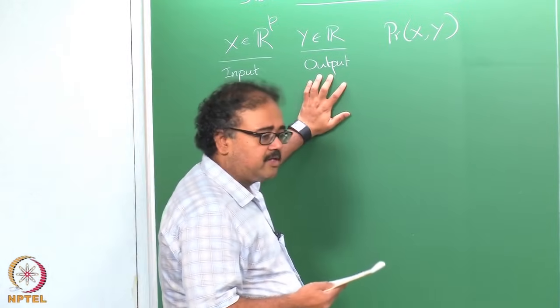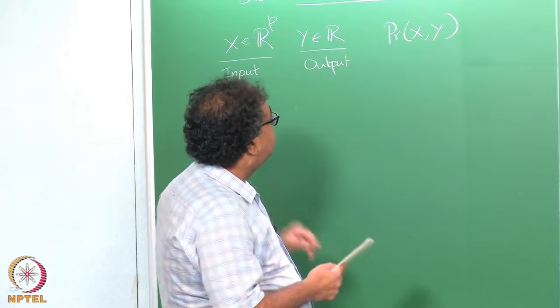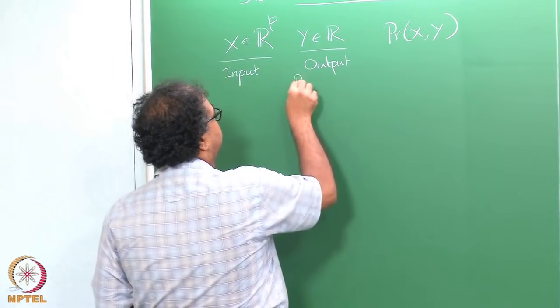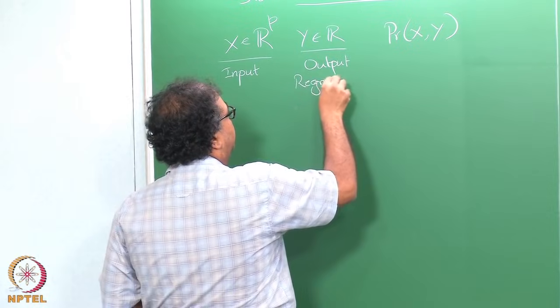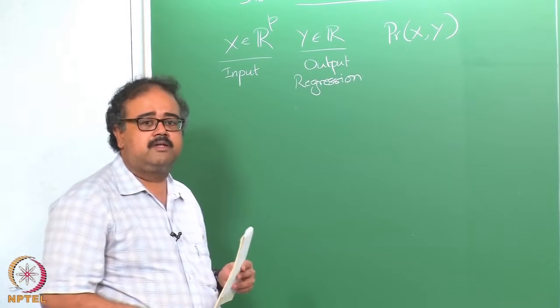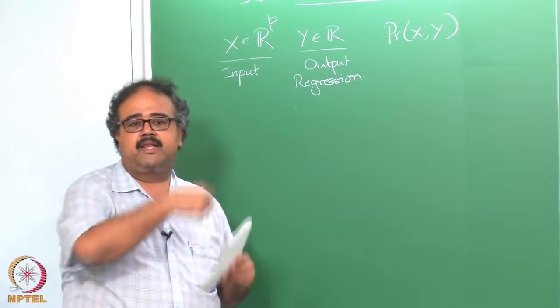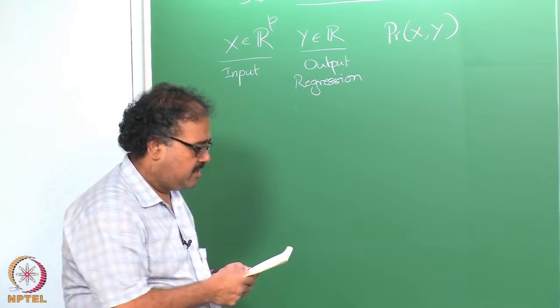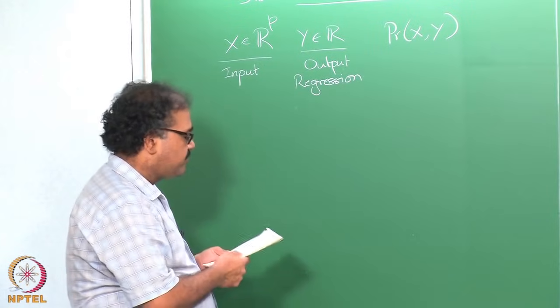And the output, at least in the initial regression case that we will see, I will assume is drawn from the real numbers again. So, this would be like the temperature that we saw in the second example in the previous modules.